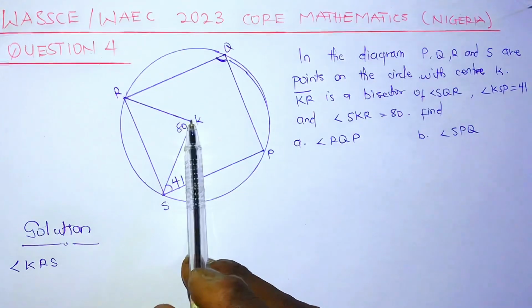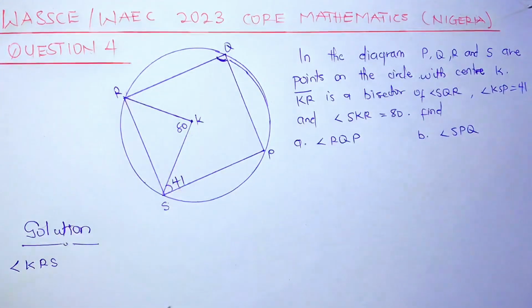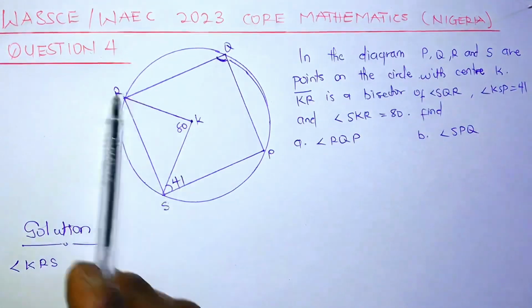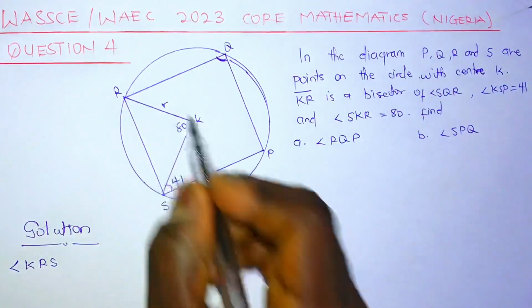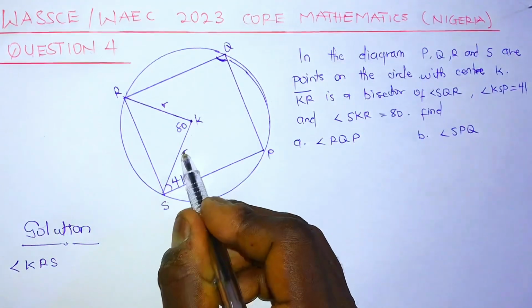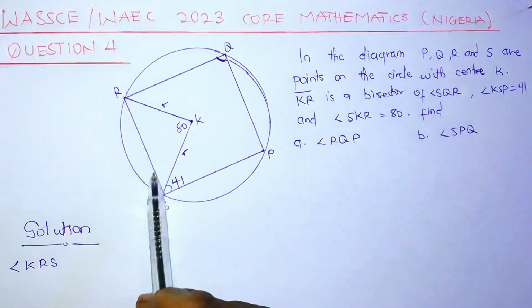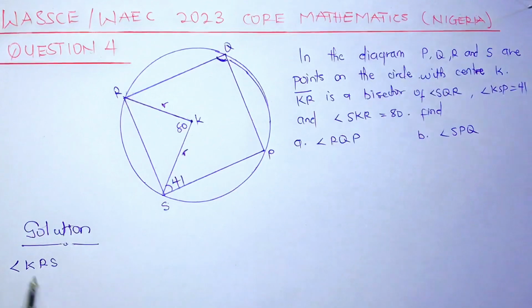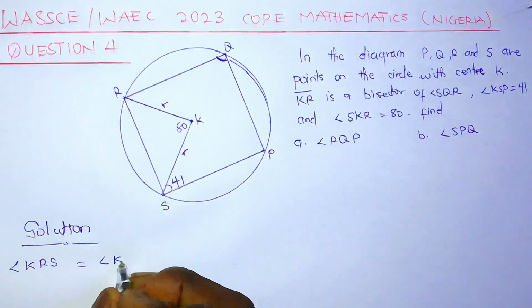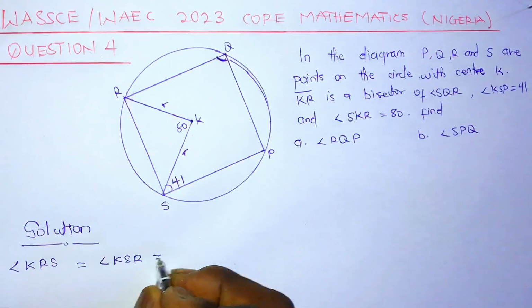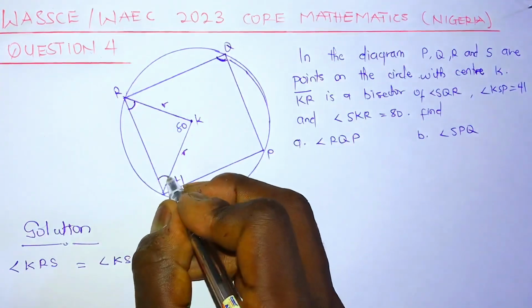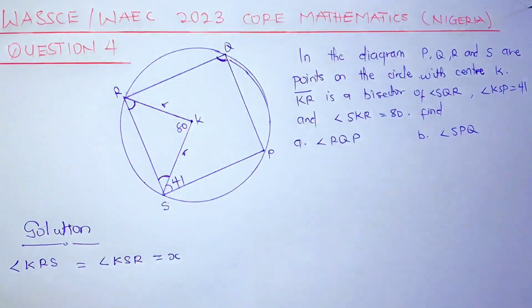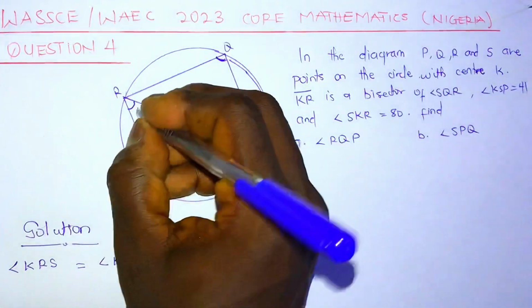Now since K is the center and R is on the circle and S is on the circle, they are all joining at K. It means that this radius and this radius is equal to this radius. So their angles will be equal. So you see that angle KRS is equal to angle KSR, so this angle is equal to this angle, and we should let them be equal to x.